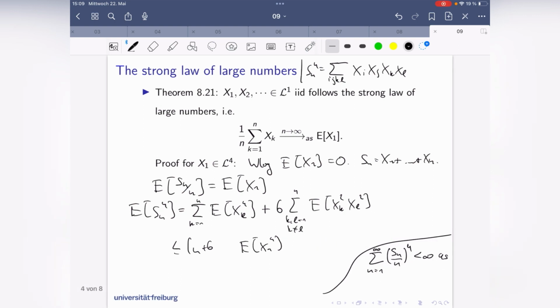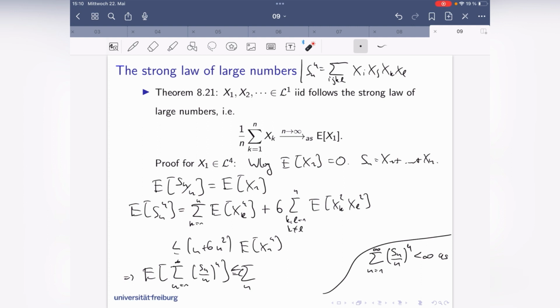The point is at least that the number of summands here grows like n squared. So something like this here. And this means if I have the expectation of the sum over n from 1 to infinity of this divided by n to the power of 4, this is now bounded from above by some constant.